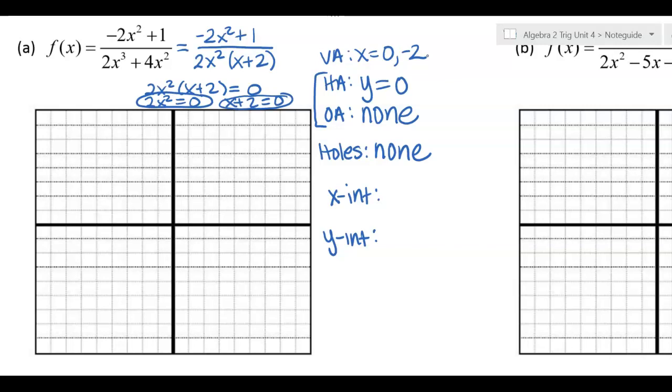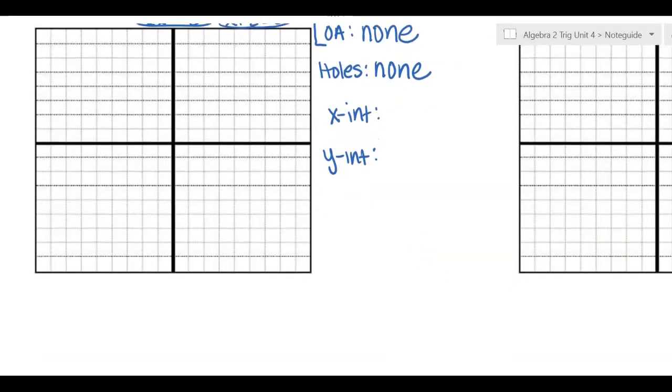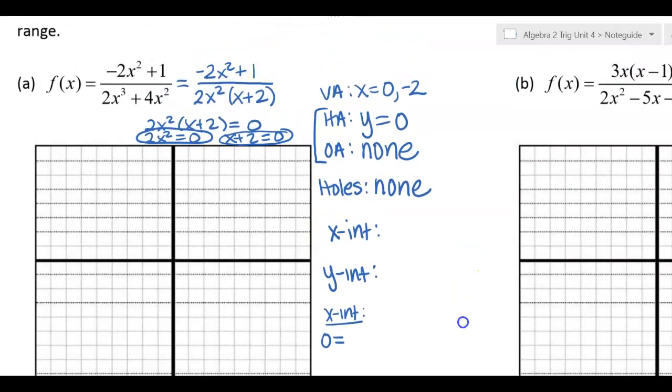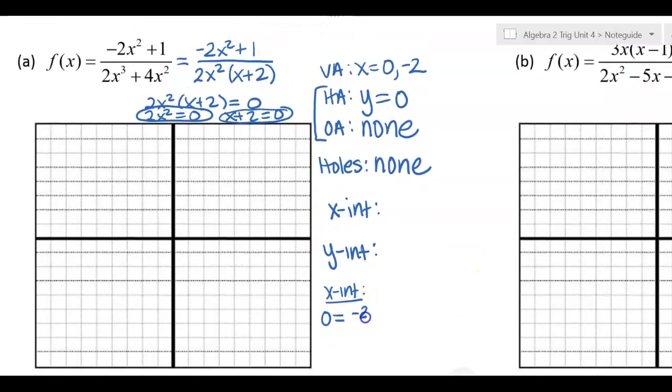Okay? All right, and now the intercepts. We know how to find them. We just have to work it through in this situation. So for our x-intercept, I'm going to put some of this work right here. For our x-intercept, we set y equal to 0. And solve.